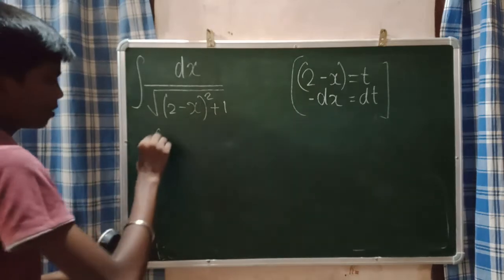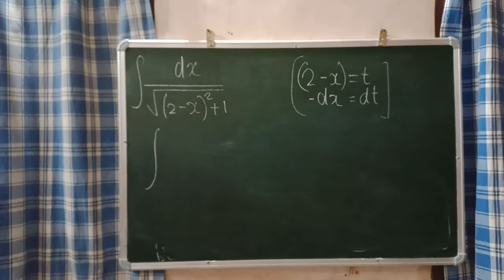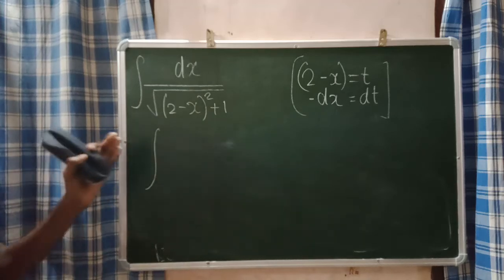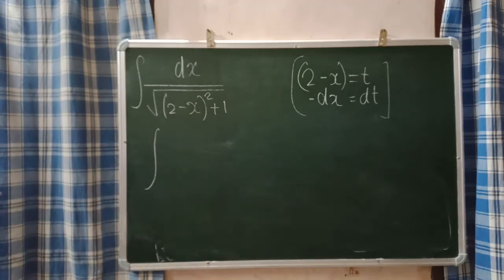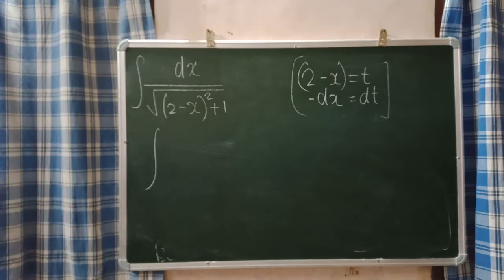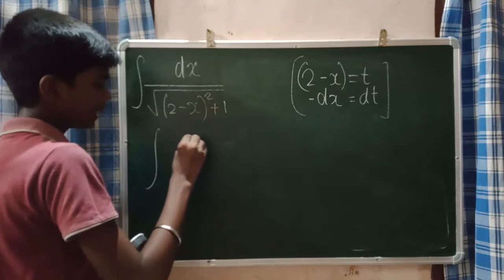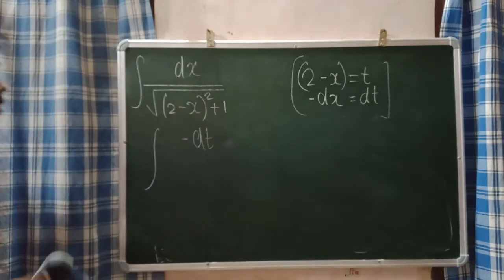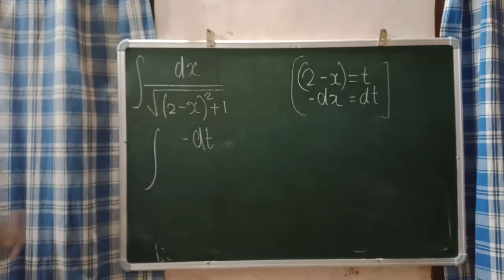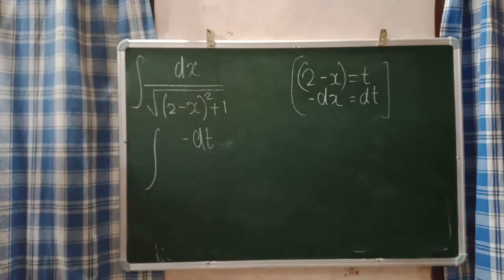Now when I use this substitution in this integral, I can write the same integral as the integral of dx. If minus dx is equal to dt, then your dx will be minus dt. Very simple one.